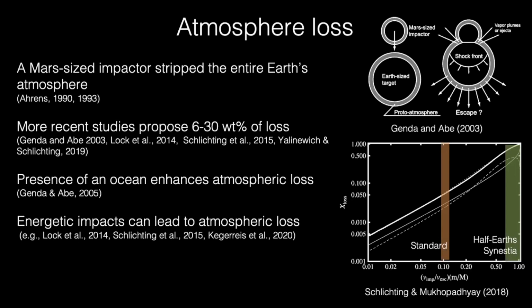As you can see, for the standard model, the loss is around just 5% or so. But for the hard Earth and Synestia models, the loss could be almost 100%. Different lines represent different models. So as you can see, the survival of the atmosphere is very model dependent.